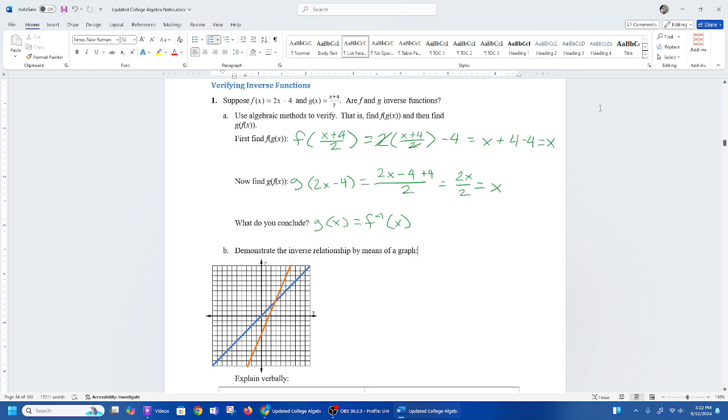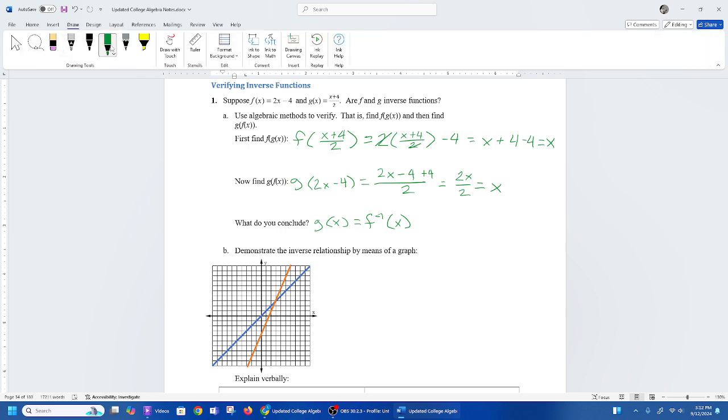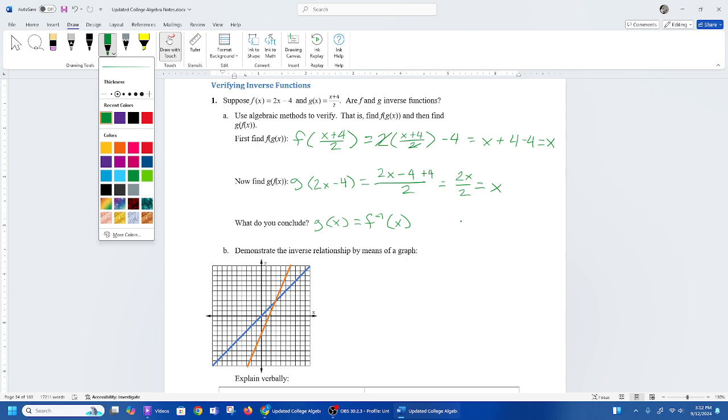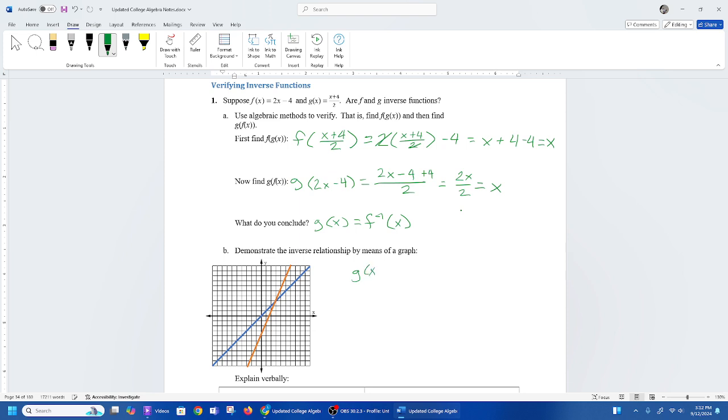Now, I'm going to manipulate g of x just to make it a little bit easier to draw. So we know that g of x equals x plus 4 over 2. And that's the same thing as saying x over 2 plus 4 over 2, which is the same thing as saying 1/2 x plus 2.